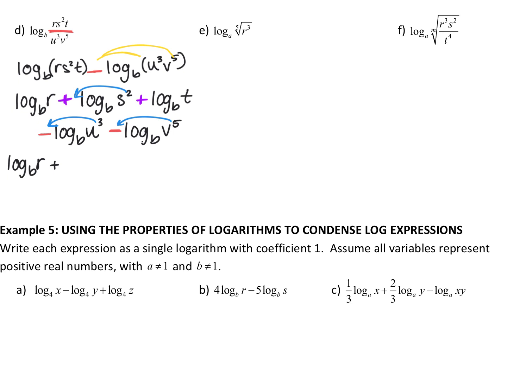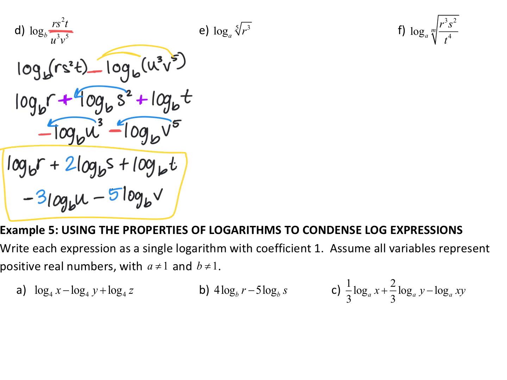I lost a 2. 2 log base b of s plus log base b of t minus, you have now a 3, minus 3 log base b of u and then it's minus 5 log base b of v. This is one big expression. I just couldn't fit it on one line. You might write smaller than me, but just so we're clear. Okay.